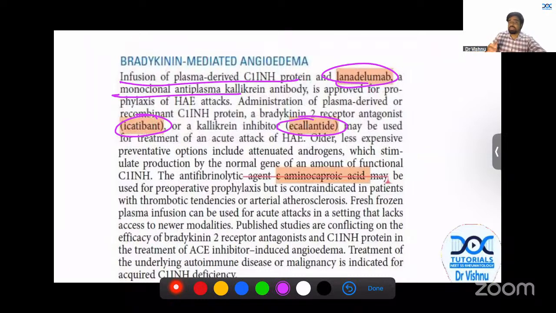These are ecallantide, which directly inhibits the kallikrein, so kallikrein won't be converted to bradykinin, or you can give the bradykinin receptor 2 blocker, that is icatibant, right? Then epsilon amino caproic acid is also an antifibrinolytic, which we usually use as tranexamic acid. That also is contraindicated in patients with thrombotic tendencies, but it can be used for these patients in preoperative prophylaxis.